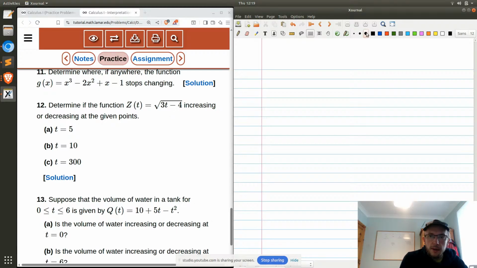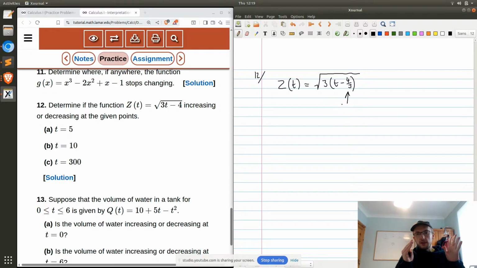Which is what's happening in this case, by the way. Let's write this down. Like, z of t in reality is this, isn't it? Okay, what does this do to my square root function? It translates it to the right by 4 over 3.